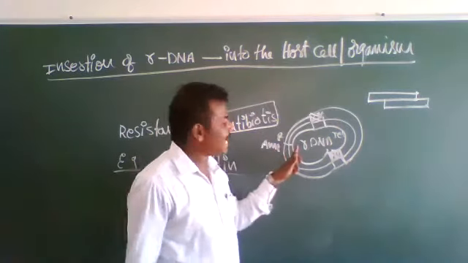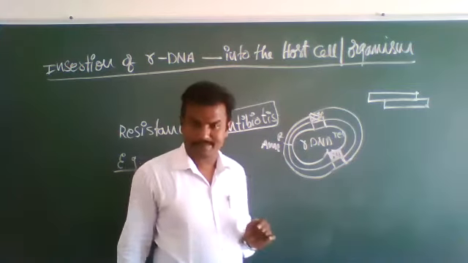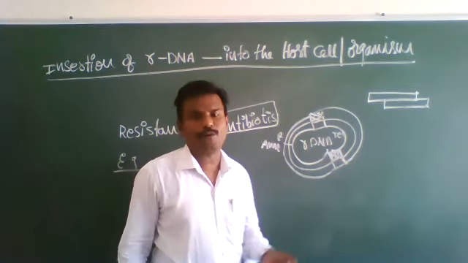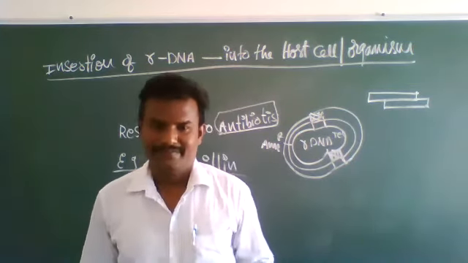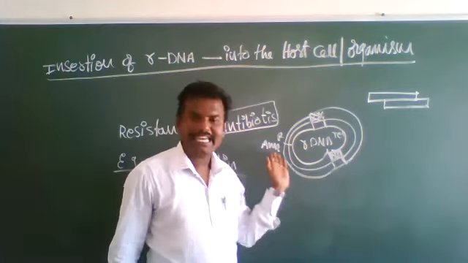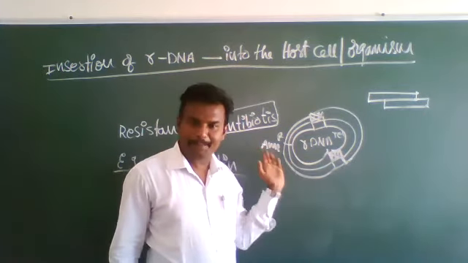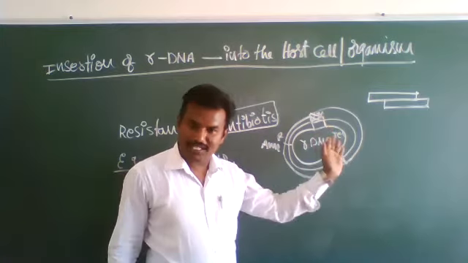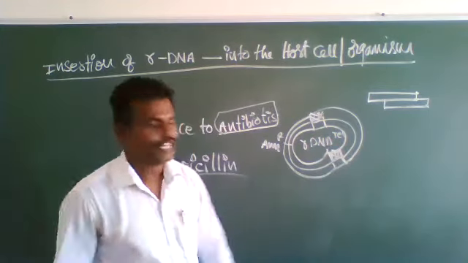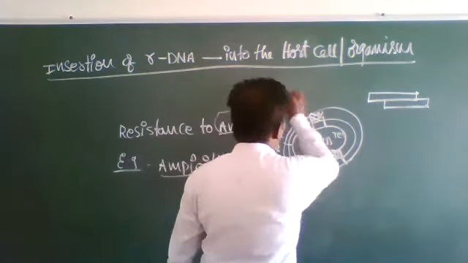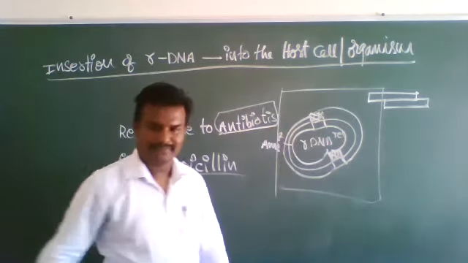Because here the ampicillin gene is not disturbed, this recombinant DNA contains ampicillin resistance. Ampicillin-containing recombinant DNA is transferred into the E. coli cells.